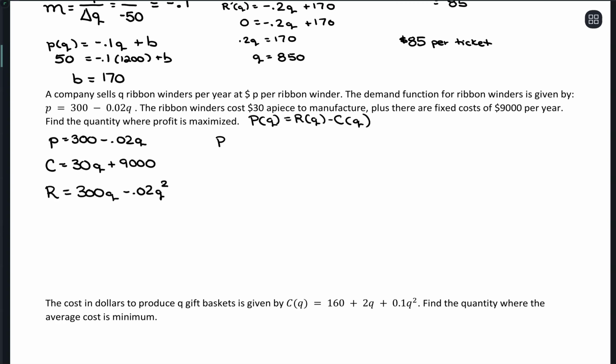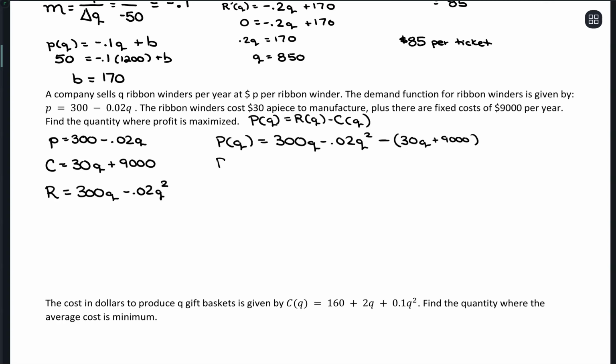So for profit, what we'll have is taking R of Q, which is the 300 Q minus 0.02 Q squared. And then we're going to subtract the cost function, and I'm going to throw that into parentheses, 30Q plus 9,000.